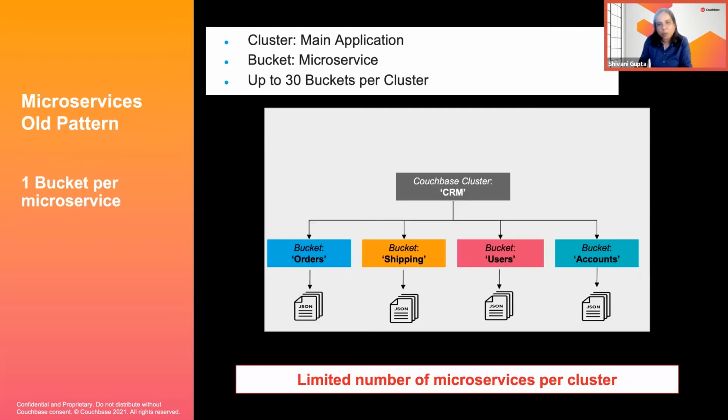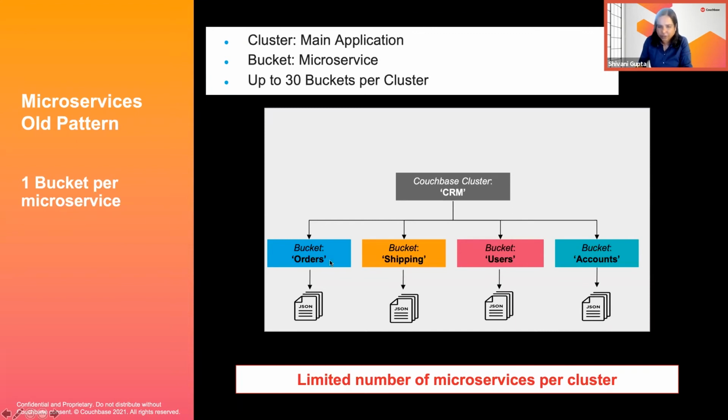So this is an old pattern. Prior to Couchbase Server 7, before we introduced this feature, this is what many of you might have been doing or would have had to consider doing: basically use a bucket per microservice. This is a simple example. It's a CRM kind of application deployed in a cluster called CRM.